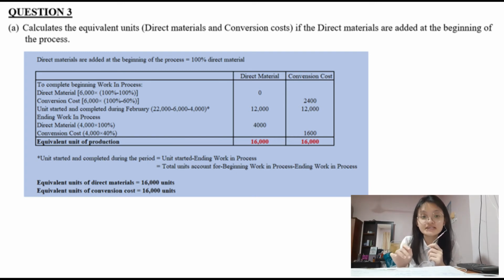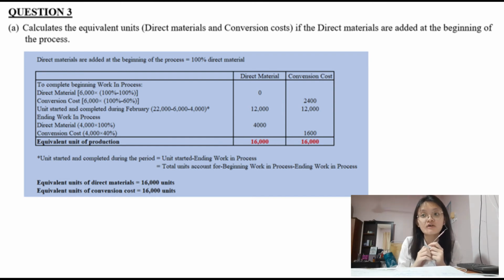So during this calculation, the direct material will use the 100% minus the 100%, so it will be 0%. And then the 0% will be used to times with the physical units of beginning work in process, about 6,000 units. So 6,000 units times 0%, it will be equal to 0 for the direct material.